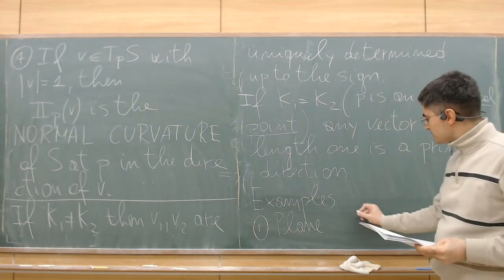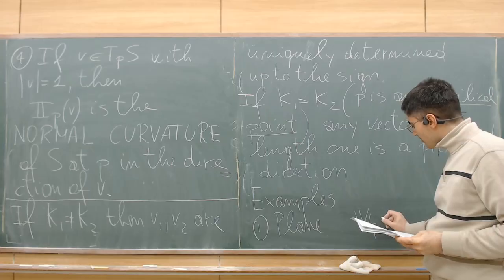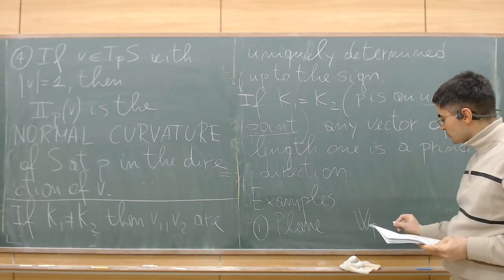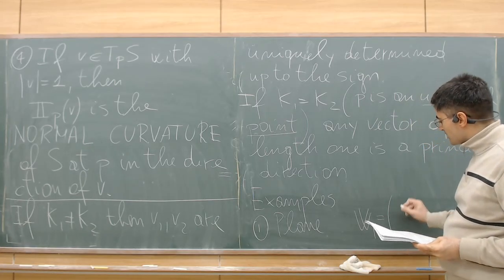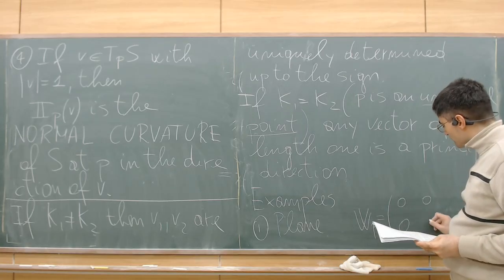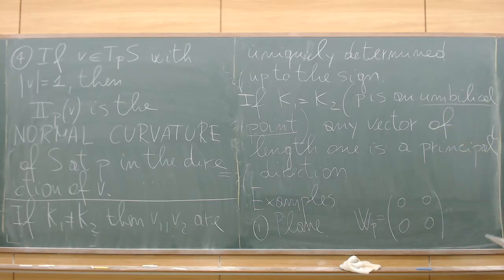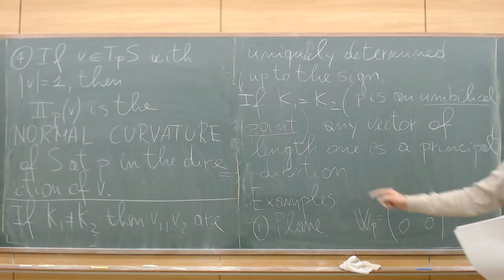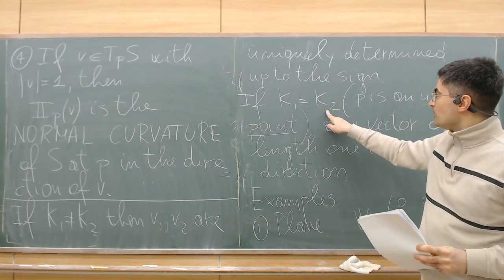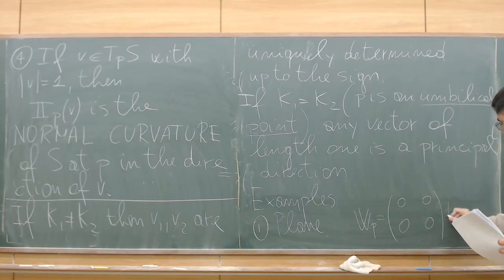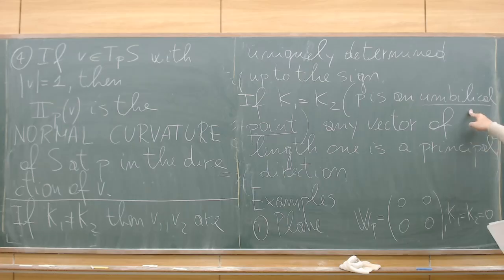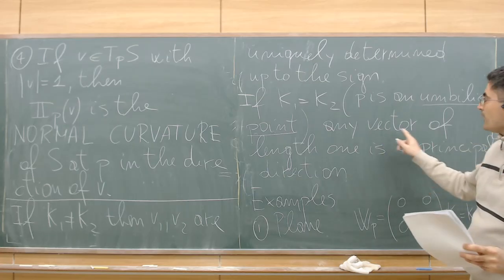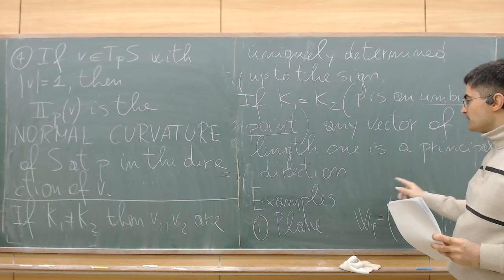For the plane, WP was the linear transformation whose matrix was this. So in this case we have K1 equal to K2 equal to 0. So any point is an umbilical point, and any vector of length 1 is a principal direction.